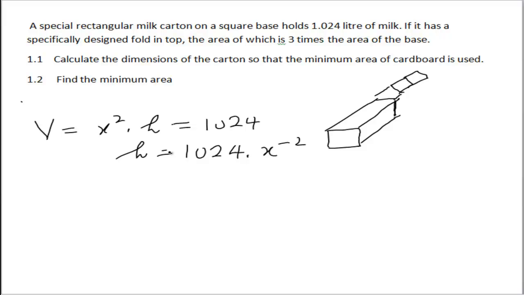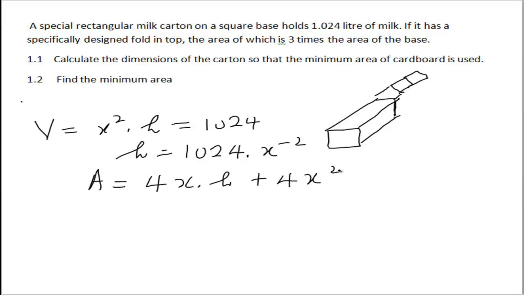Now the area of the sides is the perimeter of the base times the height, which is 4x times h. And then if you look at the base, because the fold-in top is 3 times the base, it will be plus 4x squared.